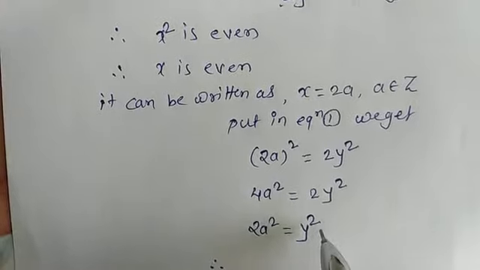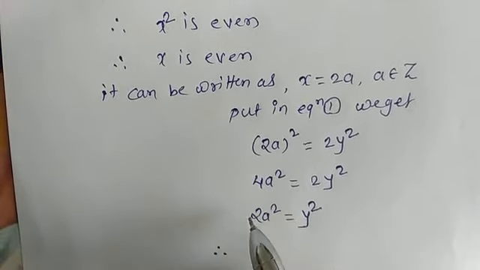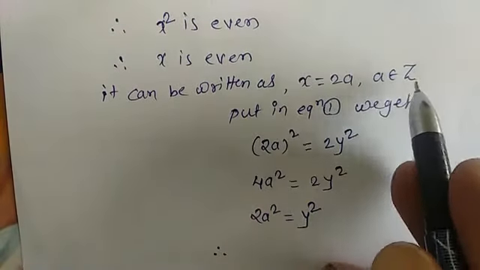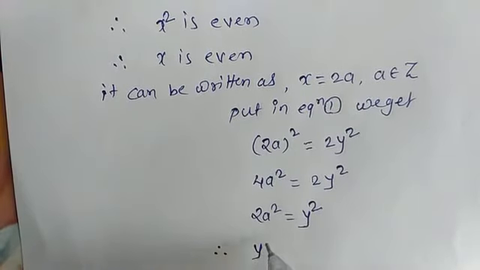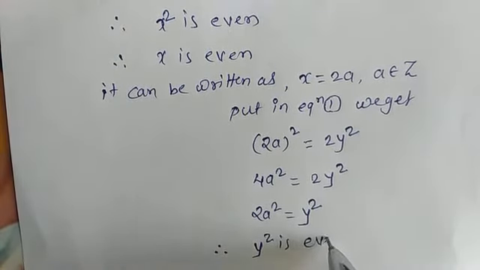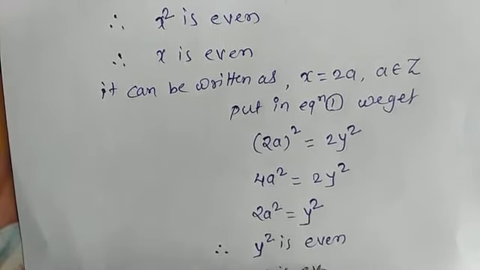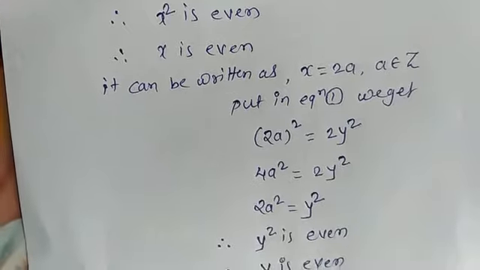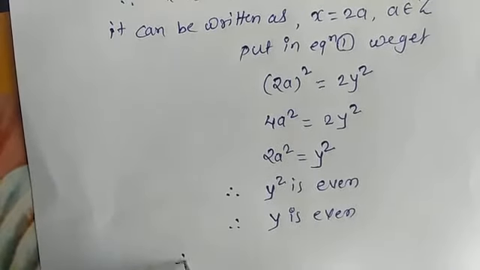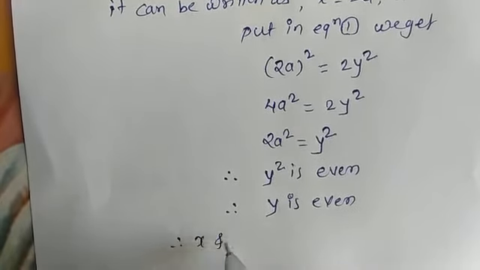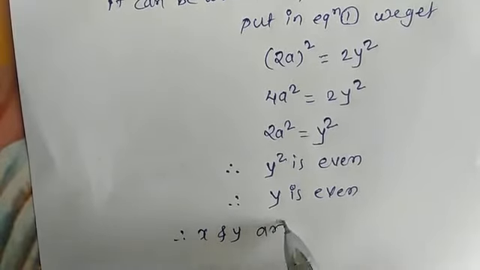So y square is written as twice a square, where a belongs to Z. Therefore y square is also even. As y square is even, y is also even. Therefore both x and y are even.